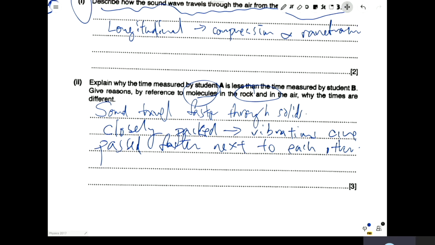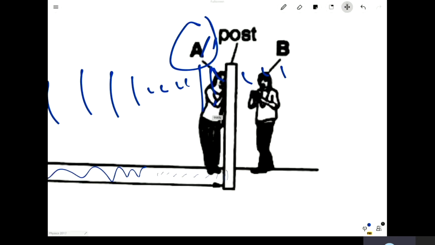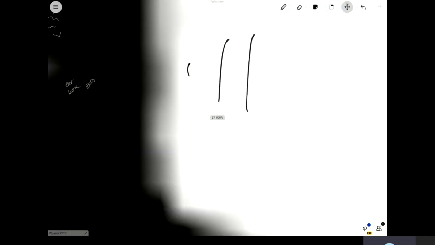As compared to person B, who must wait for the particles to vibrate through the air and then to his or her ear.